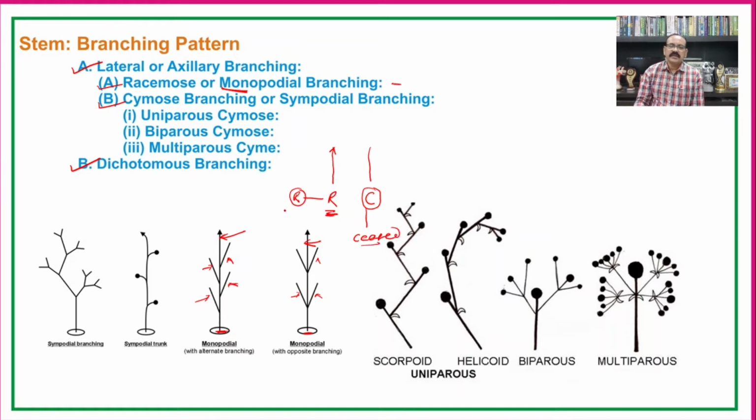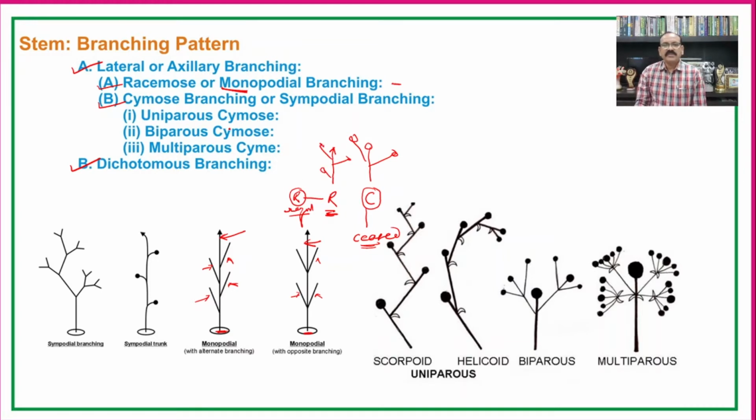So here it is regular growth of the central axis, and there the central axis growth is ceased. Such types of branching are known as racemose and cymose branching.